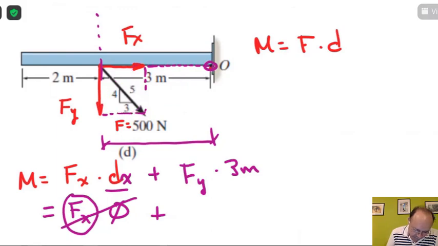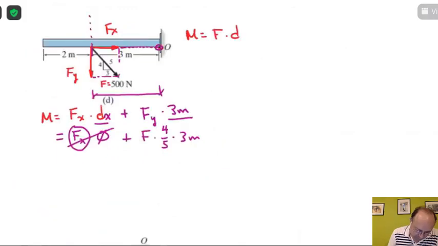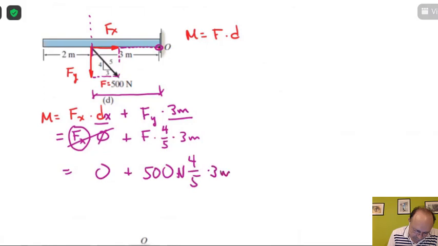So it's equal to F times 4/5 times 3 meters. So this moment will be 0 plus F, which is 500 newtons, times 4/5, times 3 meters. So this is equal to 400 times 3, 1200 newton meters.